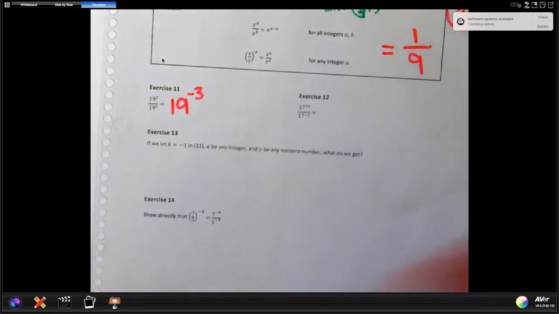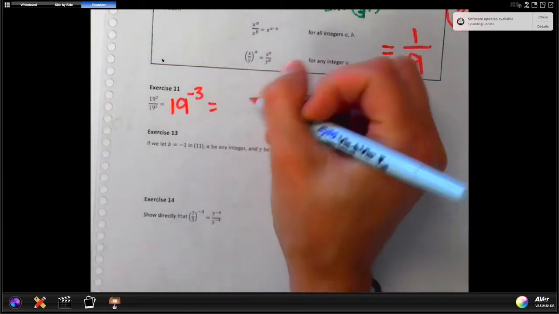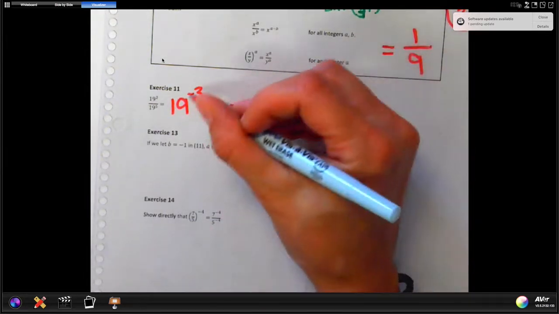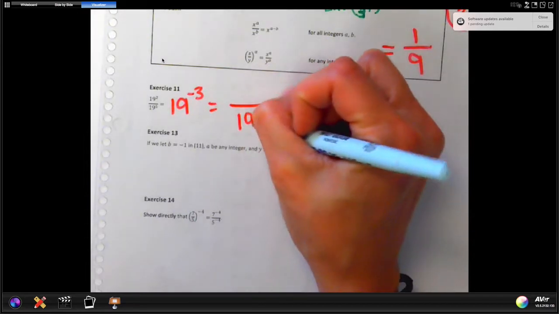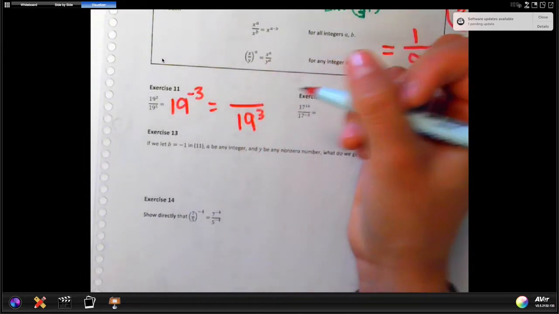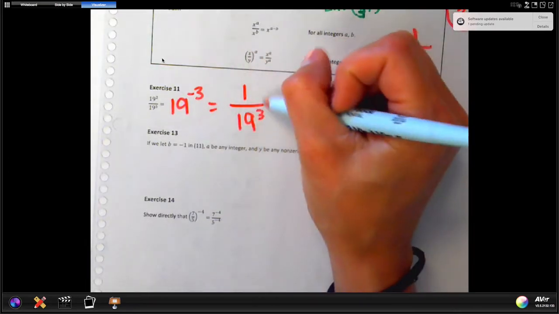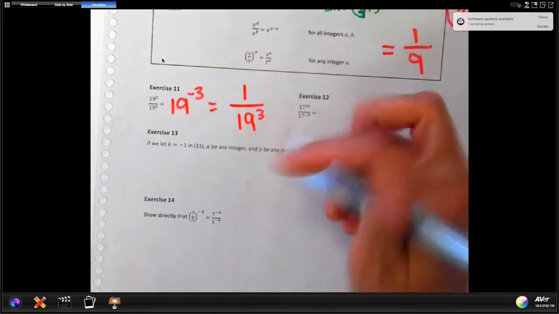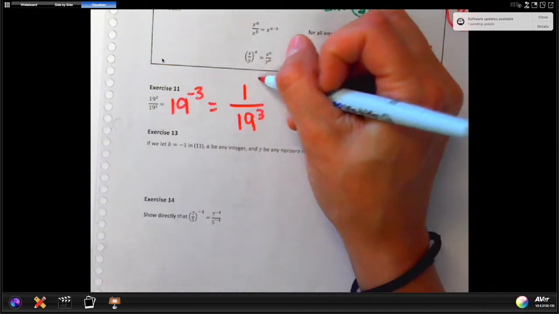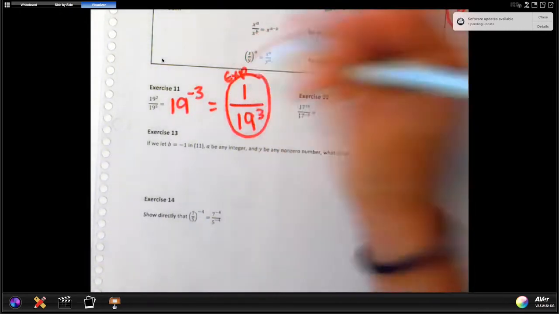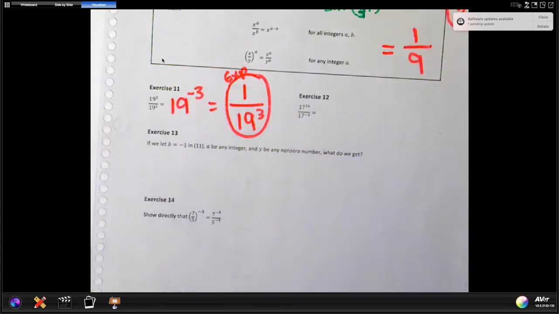We don't want negative exponents, so we're going to make a fraction bar like we showed in the last examples. We'll take that negative and make it positive at the denominator of the fraction with a 1 on top. You can simplify that further by doing 19 to the third power, but for the sake of the video, we're just going to leave it in exponential form, and that's our answer, 1 over 19 to the third.